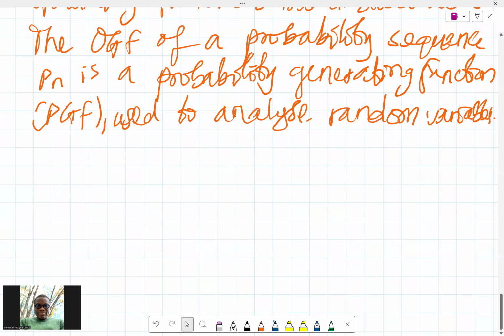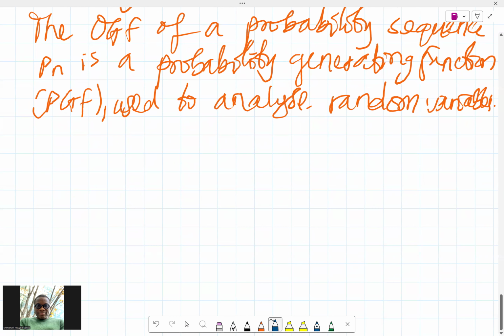Then number three, we also have this application in number theory.